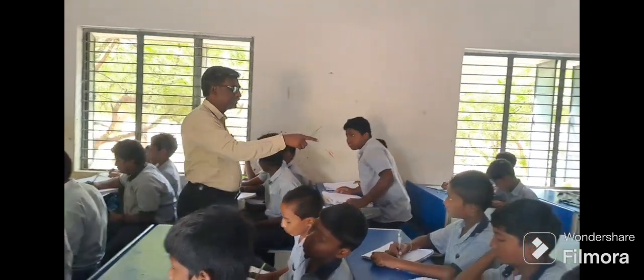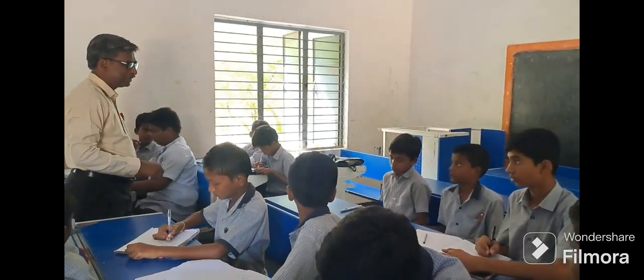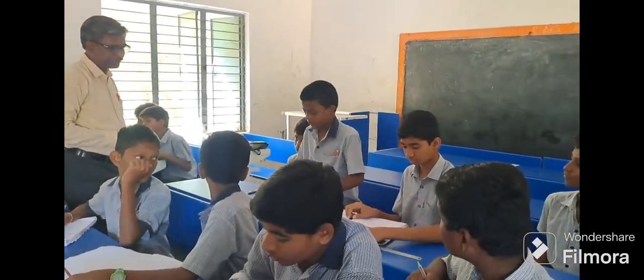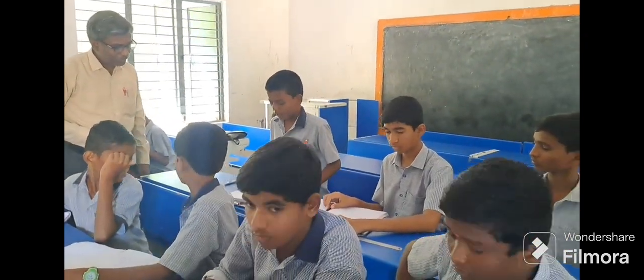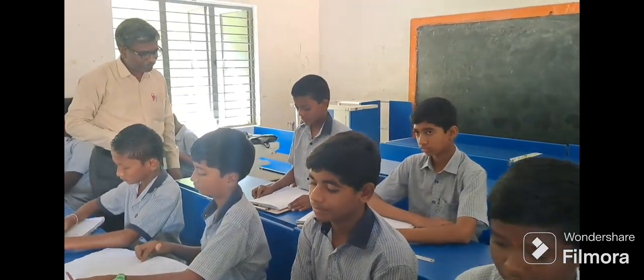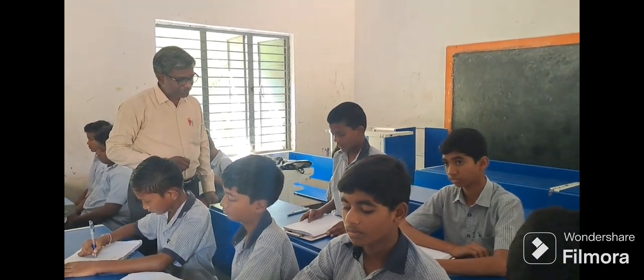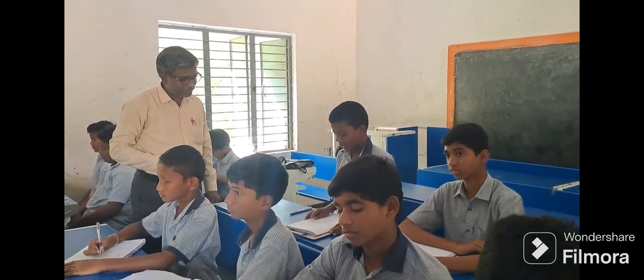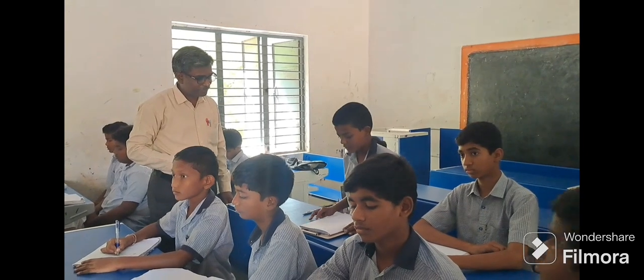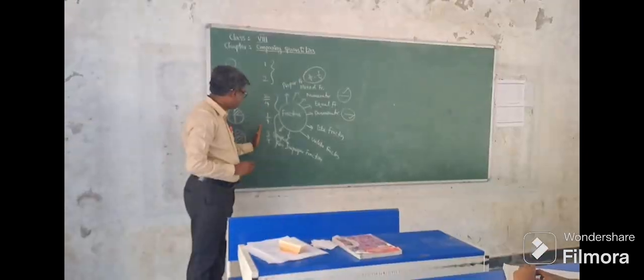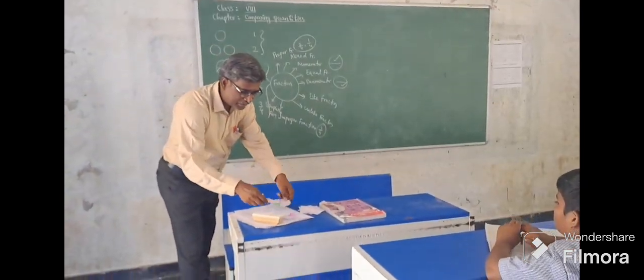Okay, sit down. From this fourth group, you just read it. Proper fraction, mixed fraction, improper fraction, like fraction, unlike fraction, equal fraction, numerator, denominator, simplest form. Very good. Sit down.